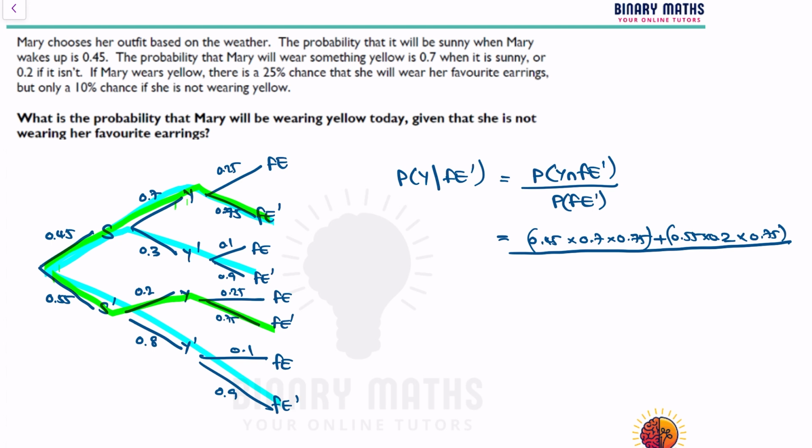So the first one would be 0.45 times 0.7 times 0.75.